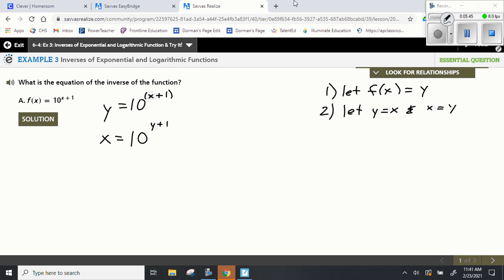All right, for step three, now we're going to write it as either an exponential equation or a logarithmic equation. In this case, we're going to write it as a logarithmic equation.